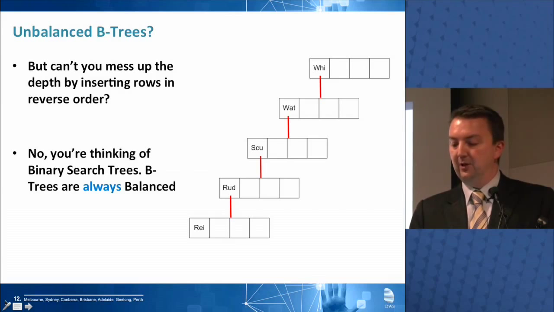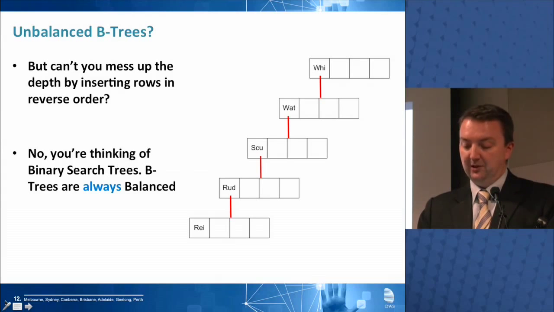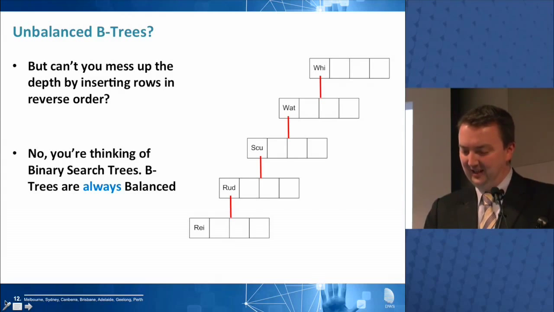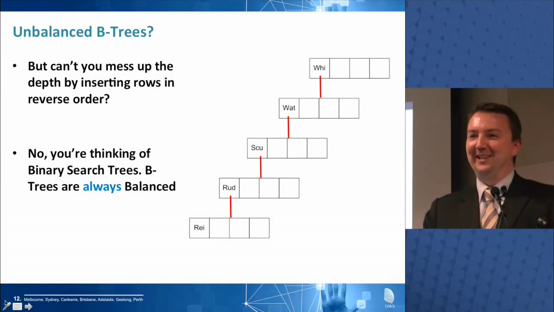Okay, this tree is not balanced because the other, well, actually it is kind of balanced. Each index entry only has one node in it, and it's at level 5. If we went Whitlam, Watson, Scullin, Rudd, Reed, and then we inserted Zaharakis, that would go into the root block.